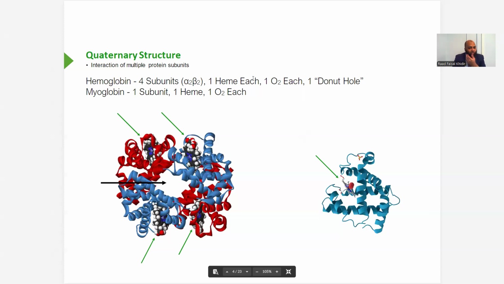Myoglobin is 1 subunit with 1 heme and 1 oxygen. Now, myoglobin has only 1 subunit, but it is tertiary. So how do we go from primary to secondary? By hydrogen bonding. Hydrogen bonding is what helps us fold. These amino acids have a hydrogen.